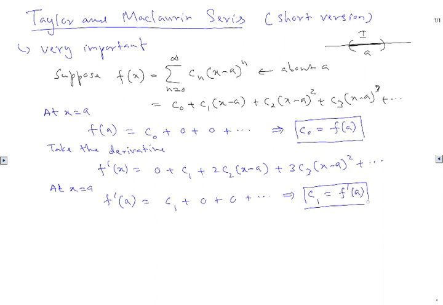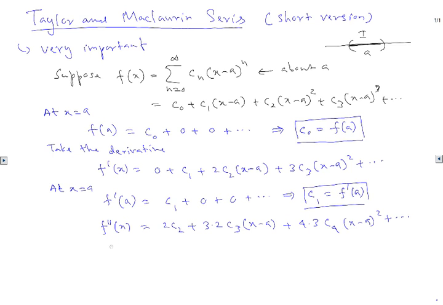So we know c0, c1. Okay, so let's keep doing it. Let's take the next derivative. If you take the second derivative, you get 2c2 plus 3 times 2 times c3 (x minus a), and from the next term you get 4 times 3 times c4 (x minus a) squared, like that, because you take the derivative twice, so you multiply the power twice.